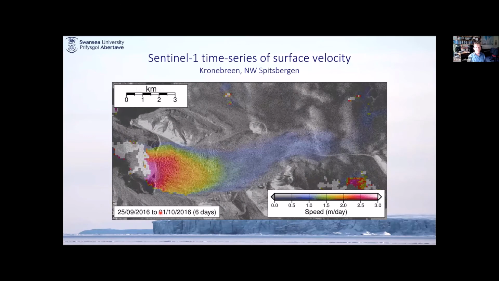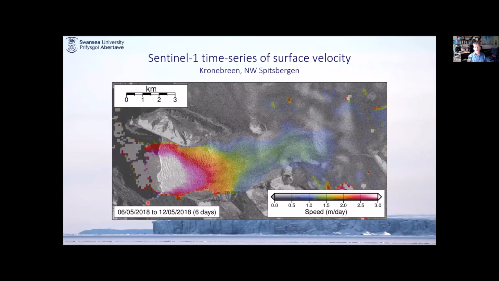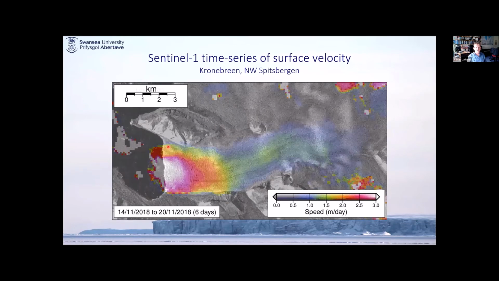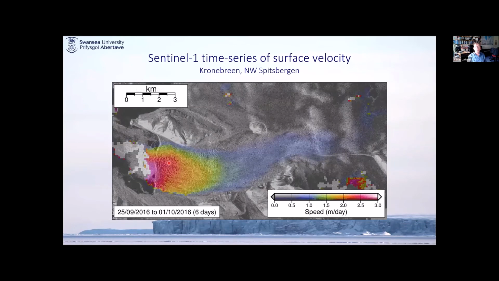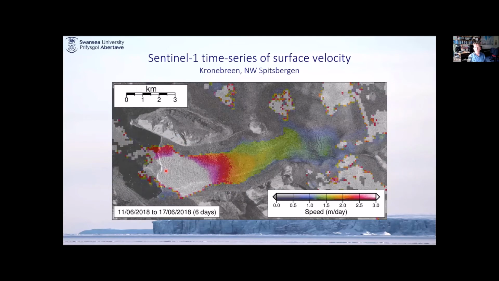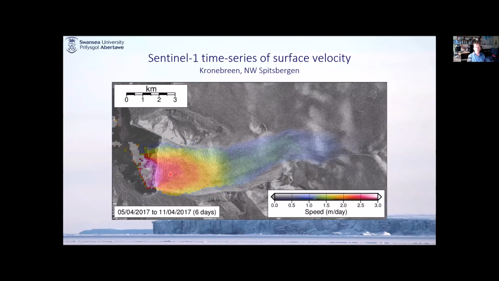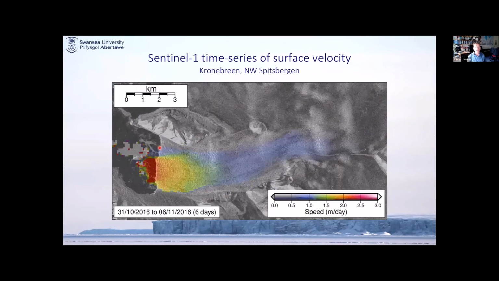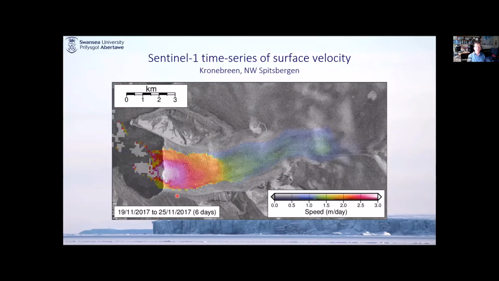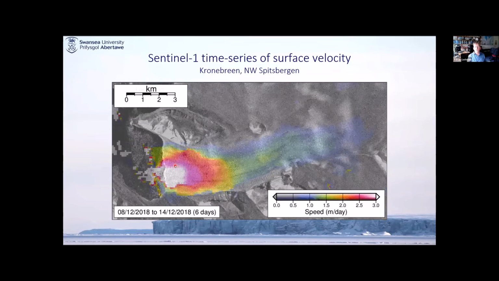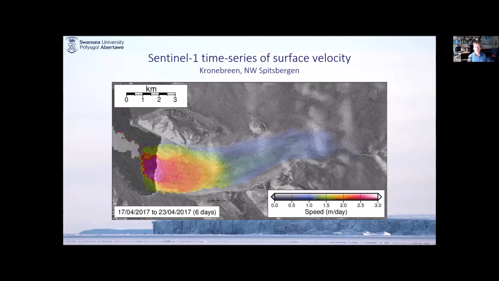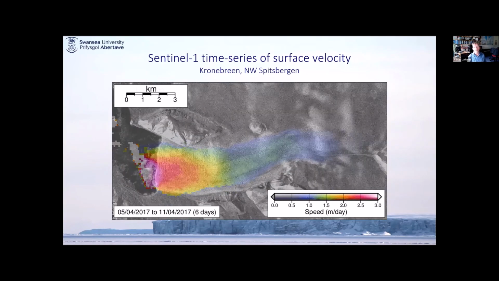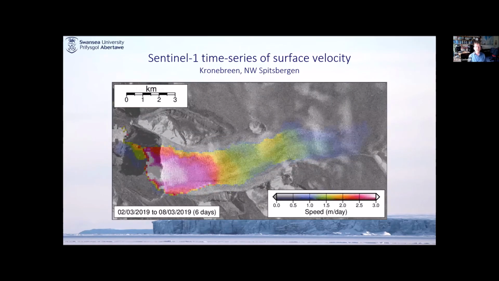The data is in the bottom left-hand corner, the velocities of Kronebreen, but also where my pointer is there, I hope you can see the movement backwards and forwards of the ice front, and that's another big diagnostic of what's happening in these glaciers, whether they're surging, what's happening in the calving, how much calving loss there is. So it shows us very nicely that Sentinel-1 gives us the velocity component of calving, but also gives us this ice front change. We had a very nice presentation earlier today about ice front change and how important it is to measure that.